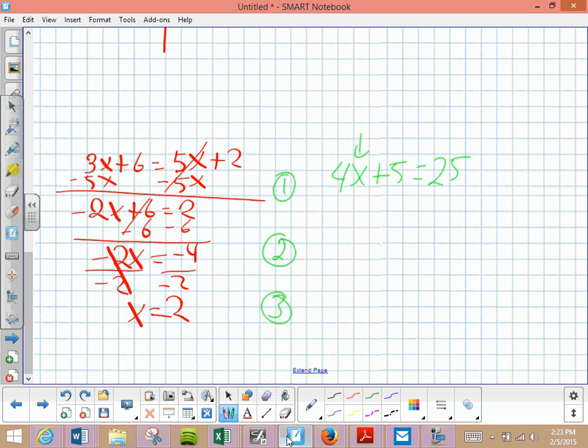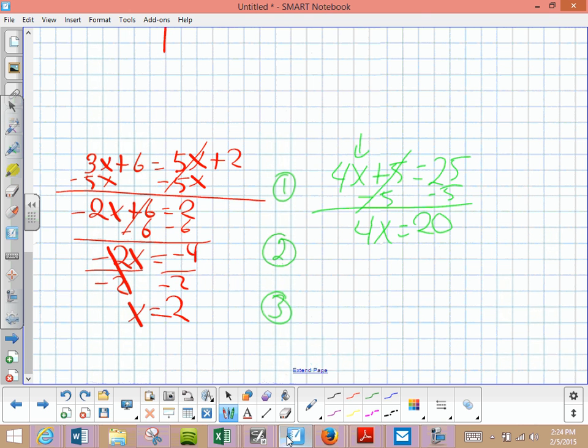What is the equation doing? Adding, so what is the opposite? So you minus 5, that goes away. 4x equals, what do you get here? 20. Are we done?